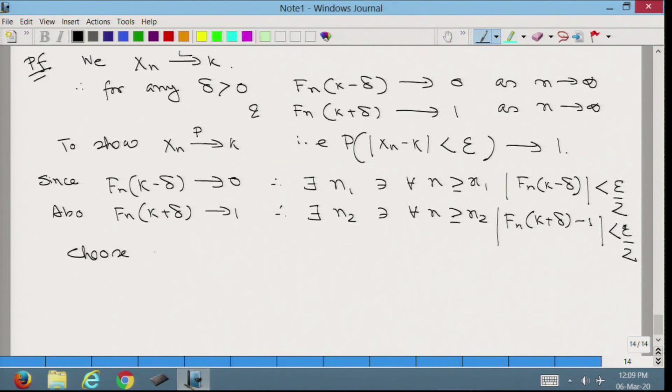Choose n to be the maximum of n1 and n2.